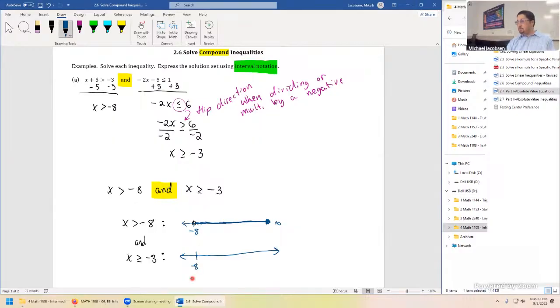This is one of those rare times I'm actually going to count off to -3. So -7, -6, -5, -4, -3. I just need to really visually see where that's at. This one is a solid dot because it says greater than or equal to. So solid dot here, and shade to the right again.